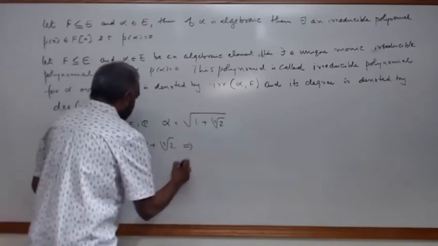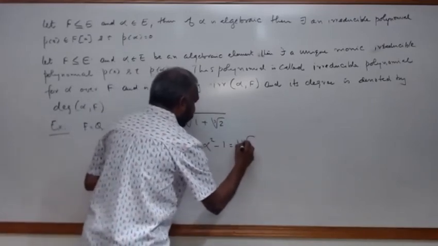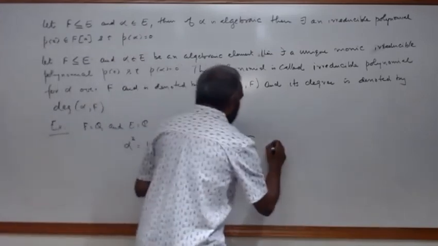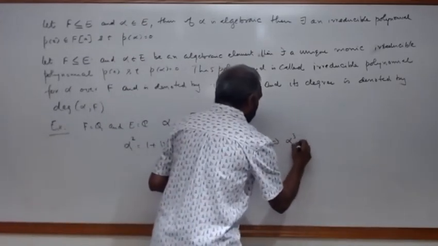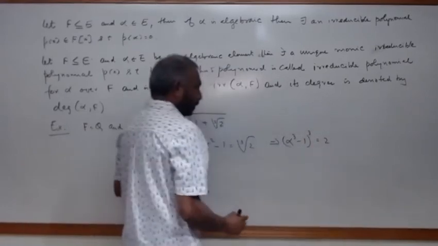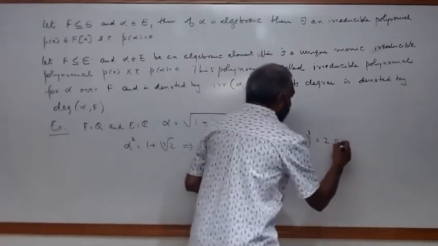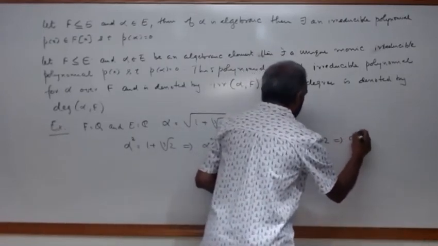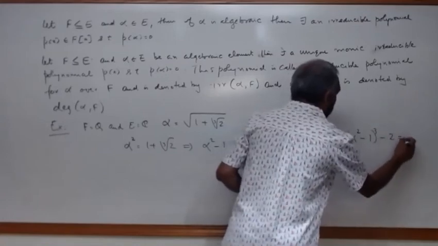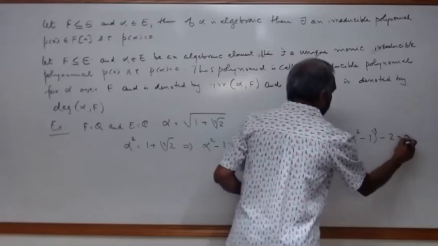That implies alpha square minus 1 is equal to cube root of 2. That implies alpha square minus 1 whole cube equal to 2, and that implies alpha square minus 1 whole cube minus 2 is equal to 0.